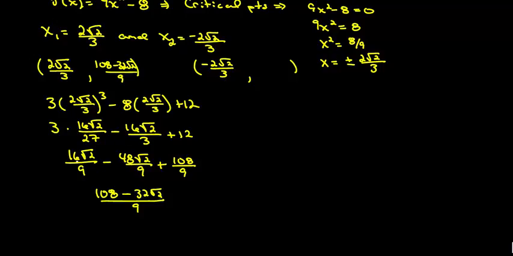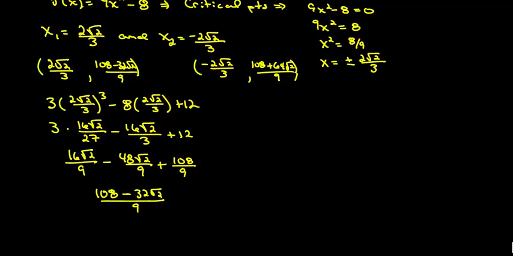So we have 48 plus 16, which is 64. So we'll go 108 plus 64 square roots of 2 all over 9. Now, it wasn't necessary that we went through all this, but it gives us our ordered pairs.